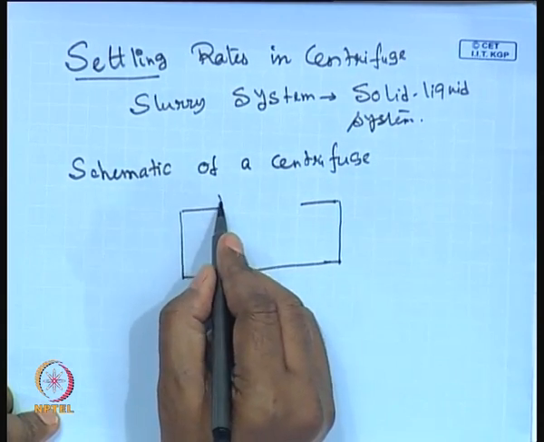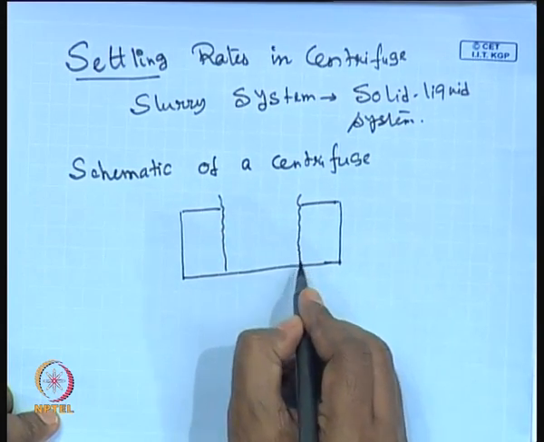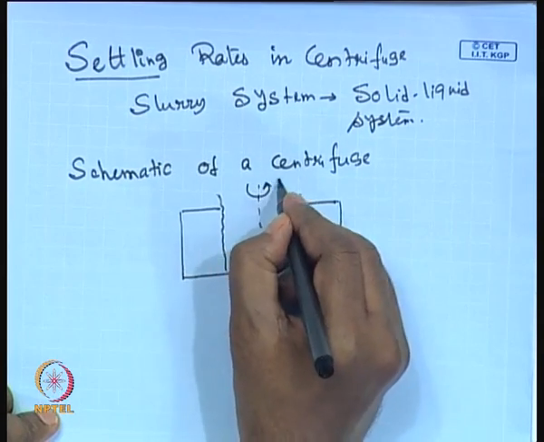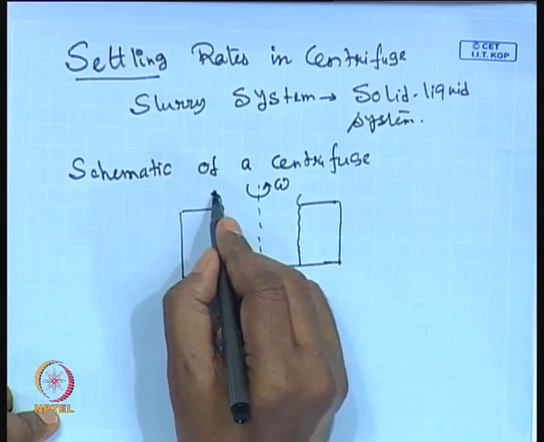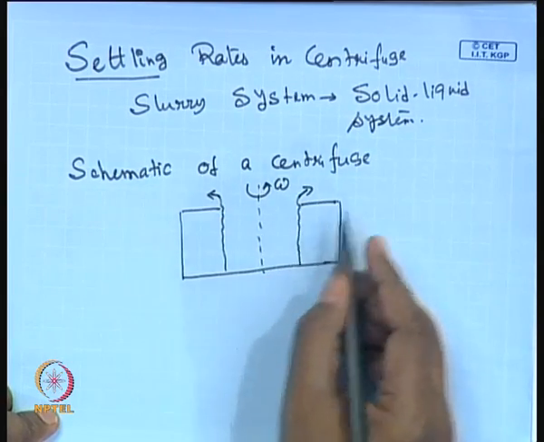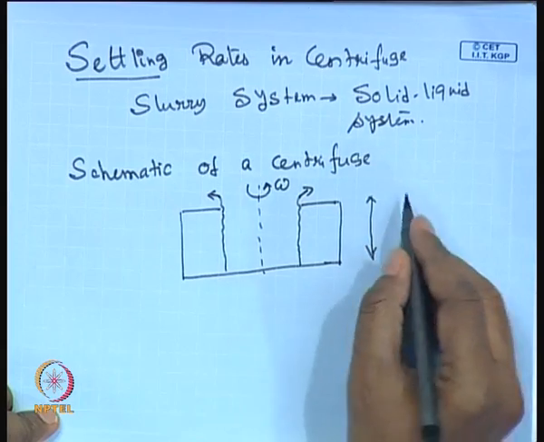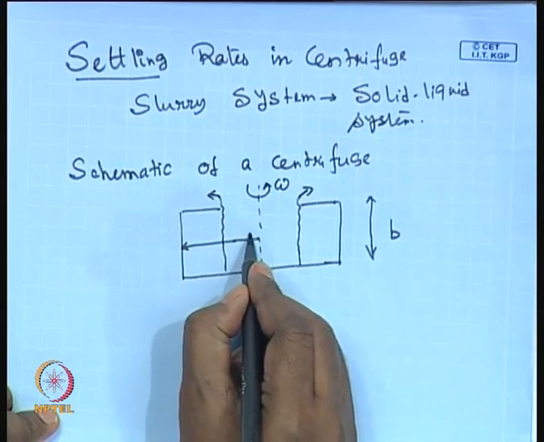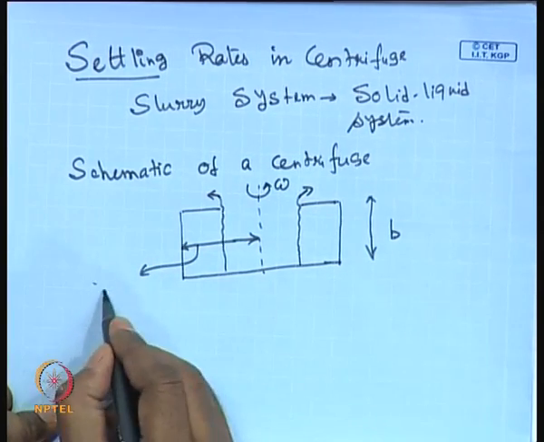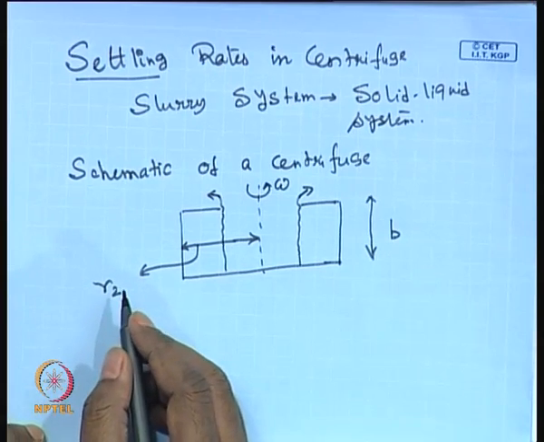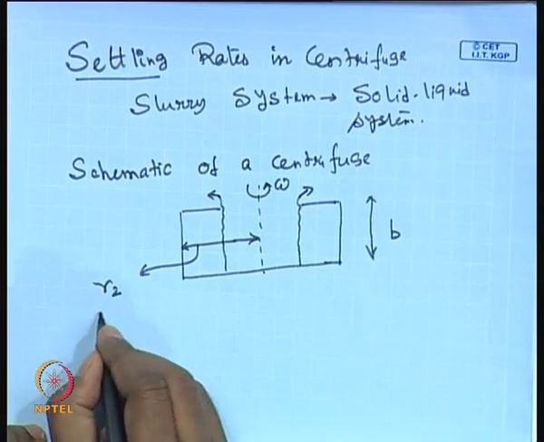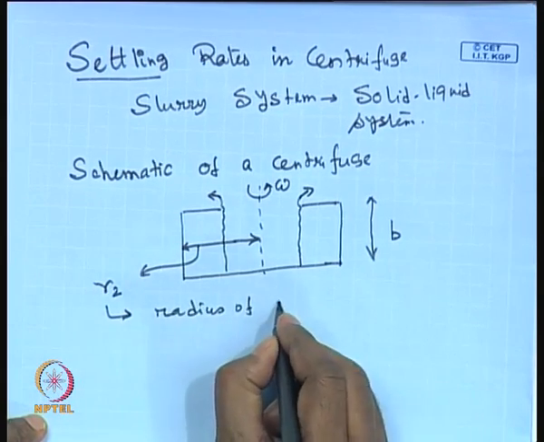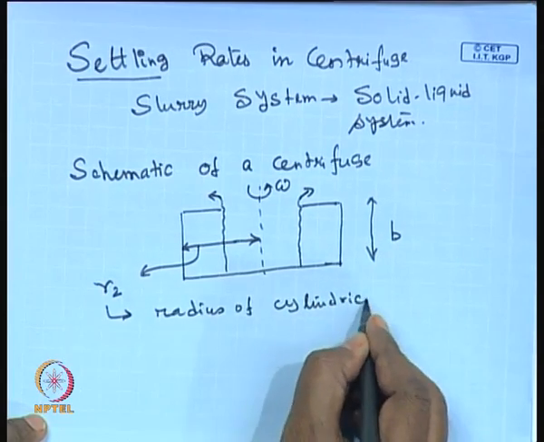Okay. So, we have the liquid surface and the whole system is rotating about its central axis with omega. The height of the centrifuge is b, and let us say this distance is r2. So, r2 is nothing but the radius of the cylindrical centrifuge.